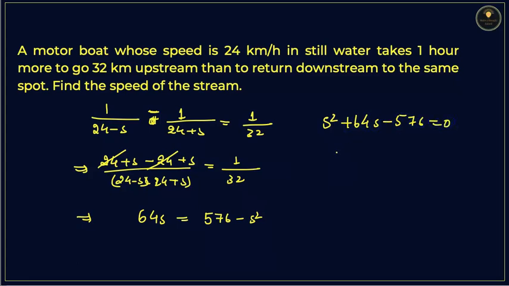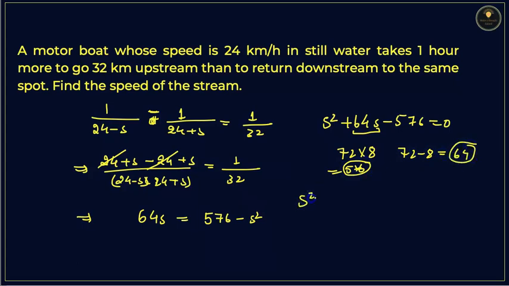And 64s can be written as 72 into 8, that is, 8 2s are 16, 8 7s are 56, 56 plus 1 is 57, which means that we can write it like this. And also 72 minus 8 will become 64. So we can write it like this.